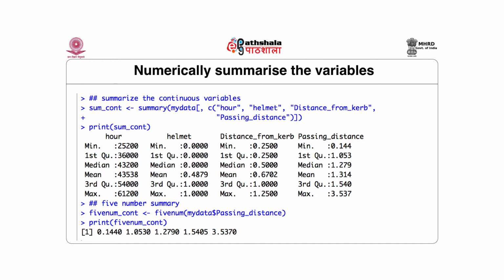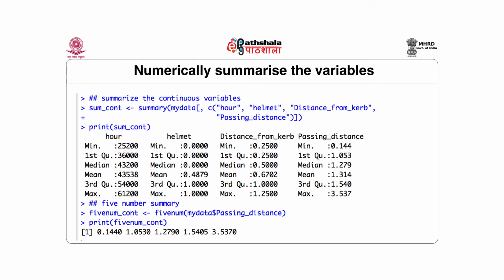But note that when you ask R to put out summary statistics, it gives you all of these, but it does not give you a variance or a standard deviation. That is something you will have to calculate yourself, or use the var or the sd function to extract those numbers.